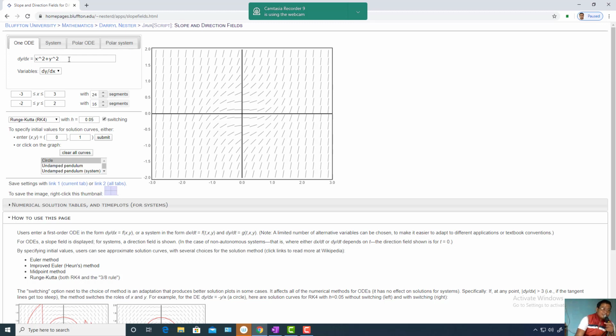But you already know that this simple differential equation cannot be solved by separation of variables or whatever method you have. But using the vector field idea, the vector field of this differential equation is like this.